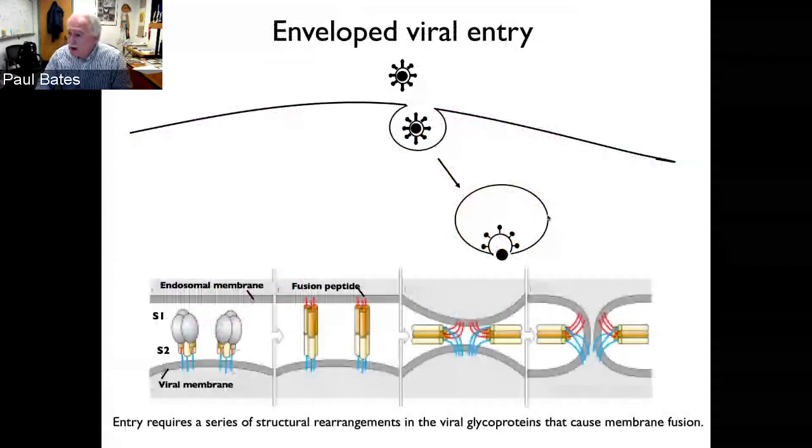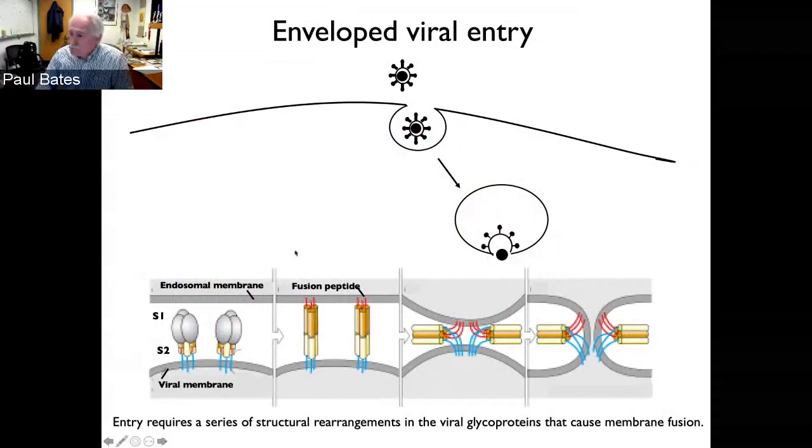And so all enveloped viruses contain on their surface these spike proteins, in this case often called S1 and S2. For HIV, they're called GP120 and GP41. These proteins always consist of a globular head domain and then a more linear transmembrane domain. The globular head domain you could think of as the governor that controls the activity of this membrane-anchored protein, and the membrane-anchored protein is actually the machine that will drive fusion.